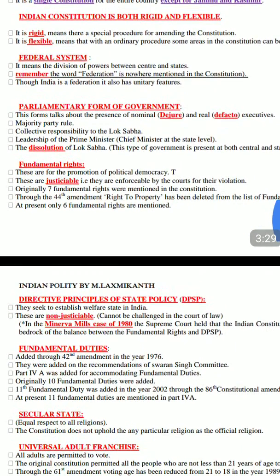The fundamental rights. What are the fundamental rights? These are the promotions of political democracy. There are seven.